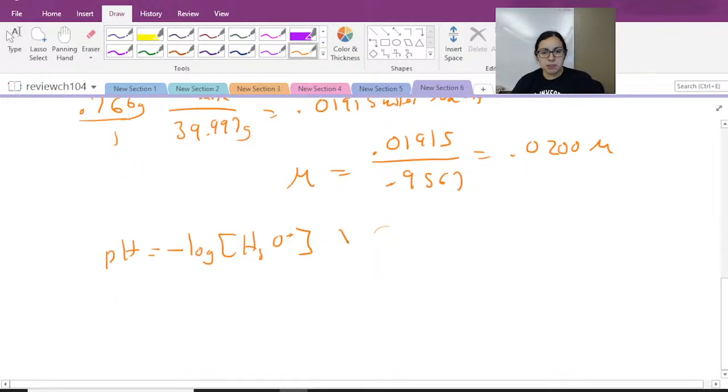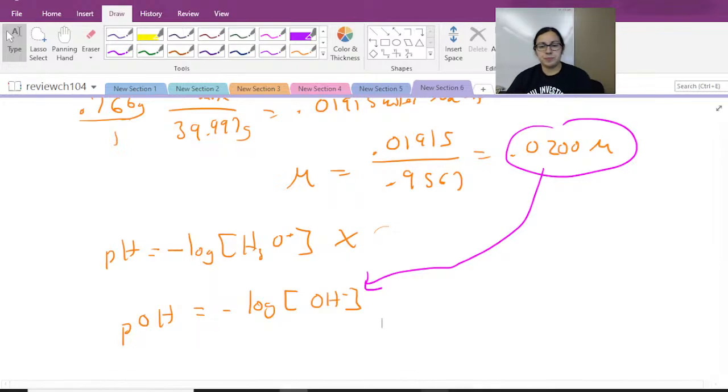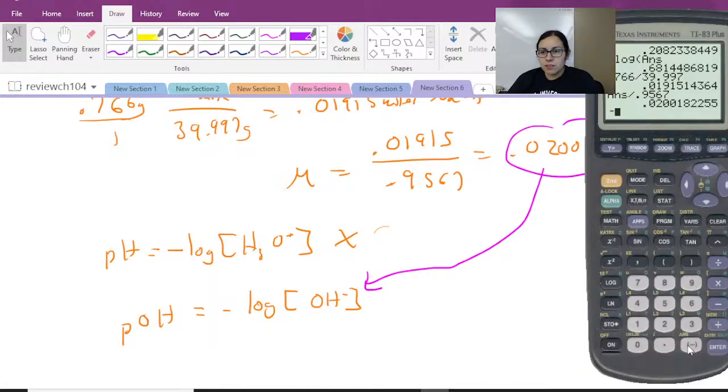So that one works for us, because we could solve for pOH directly. So that's the negative log of our hydroxide. So now we can plug that in. So now we're solving for pOH. So I get a pOH of 1.69.